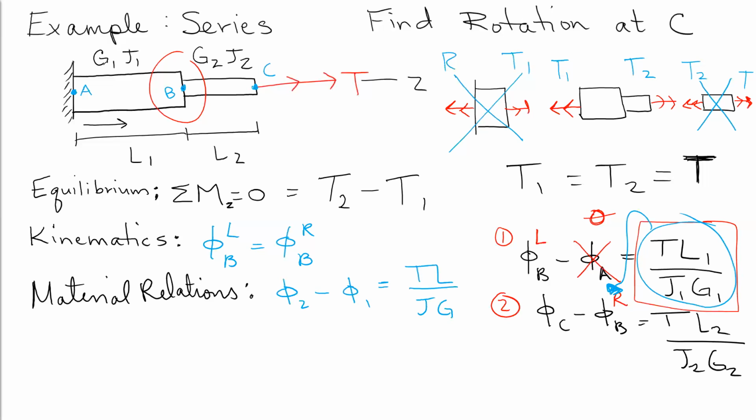And then we get phi sub C, which is what we're actually looking for. We want to know the rotation of C. It is going to equal T times L2 over J2 G2 plus T times L1 over J1 G1.